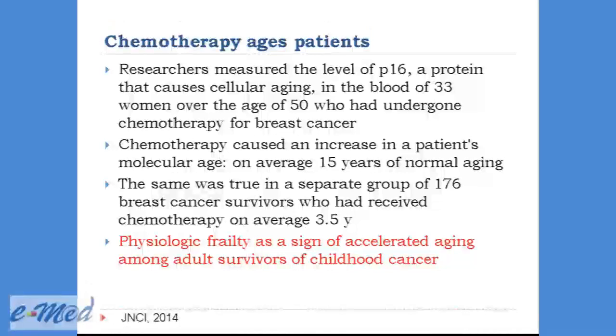It was evaluated in survivors of breast and other cancers. In breast cancers, it was 3.5 years of aging, and the most significant findings were in adult survivors of childhood cancer, where the premature aging was about 10 or more years.